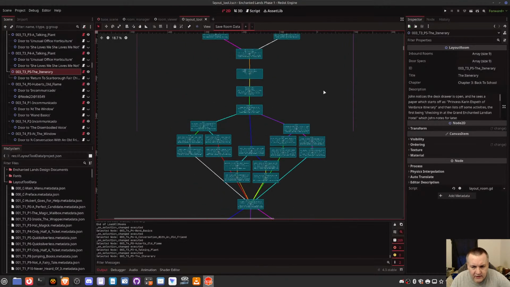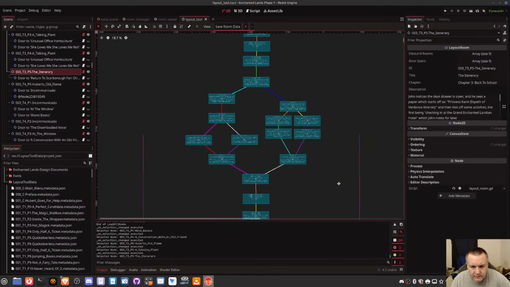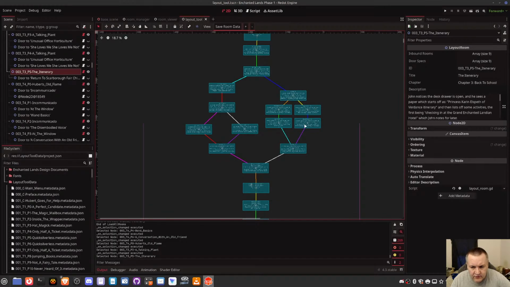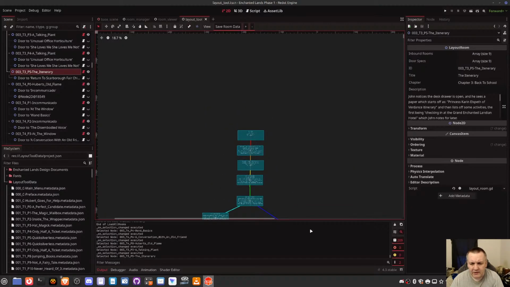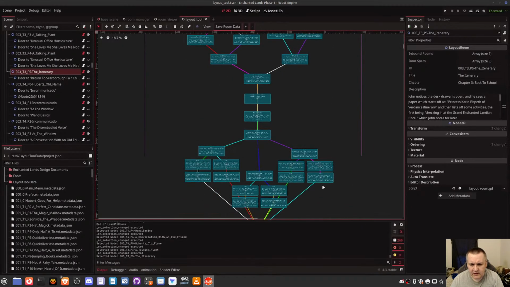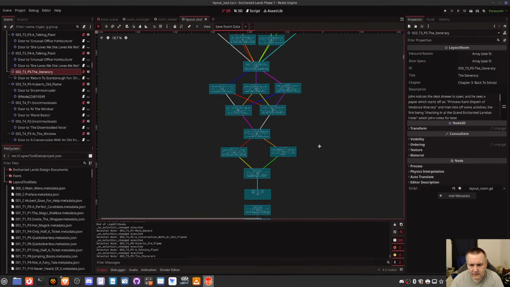Let's see if I can find it. Is it this one? It's this one. Well, maybe it's not this one. Sort of this one. Dang it. No, this is still a thing based off of two. It needs to be based off of. Oh, that's the beginning.